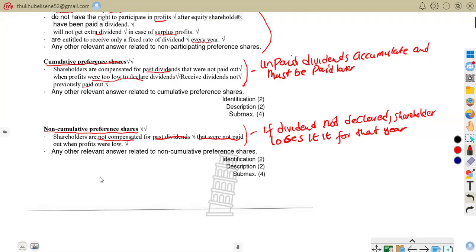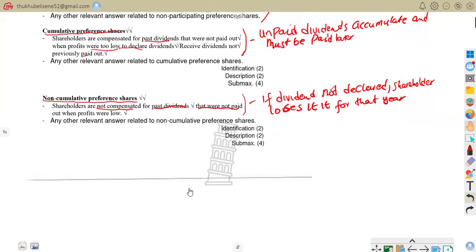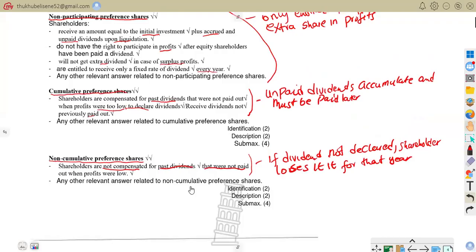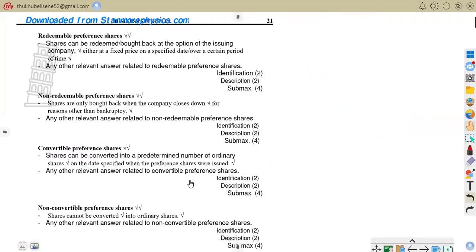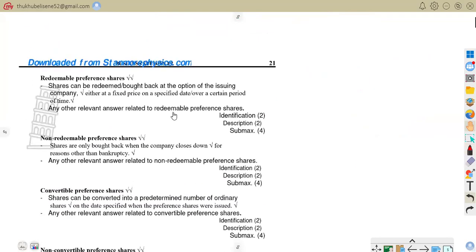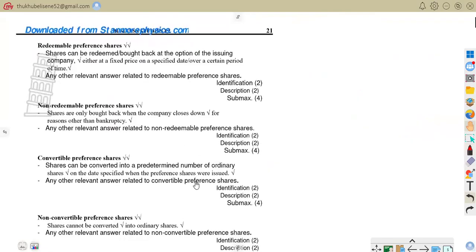So now let us move on to another type of preference share. Now we are under redeemable preference share. So that is where we are. What is redeemable preference share all about?